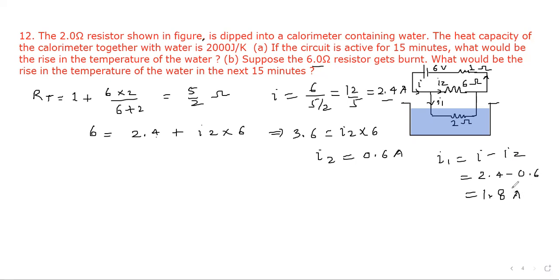Now, heat produced. So heat will be produced in this 2 ohm resistor. So heat produced H1 equals I square R t. So here I1 square times R is 2, into time is 15 minutes, 15 into 60. And I1 is 1.8. So 1.8 square into 2 into 15 into 60.